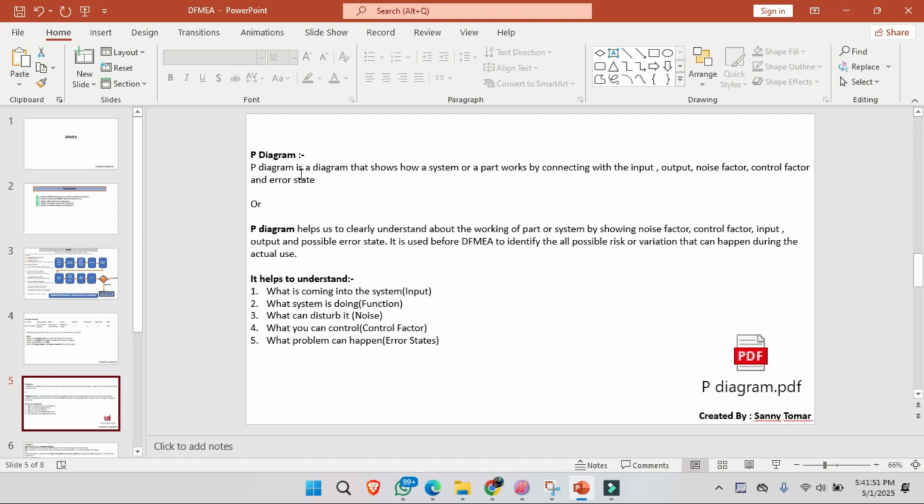The P diagram is a diagram that shows how a system or part works by connecting the input, output, noise factors, control factors and the error states.